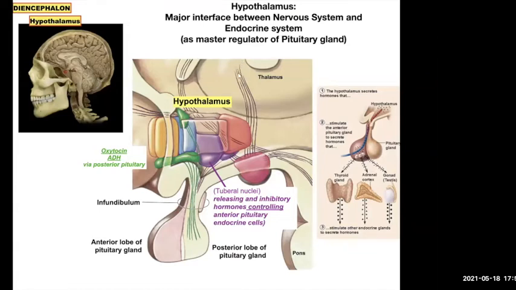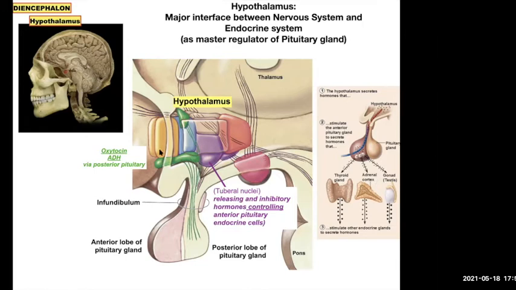Your hypothalamus is connected to the pituitary gland, and we talked about this already during our endocrine system lectures. It's the master regulator of the pituitary gland, which is the master regulator of the endocrine system. We had those releasing and inhibitory hormones controlling the anterior pituitary, which controls a lot of the other systems.